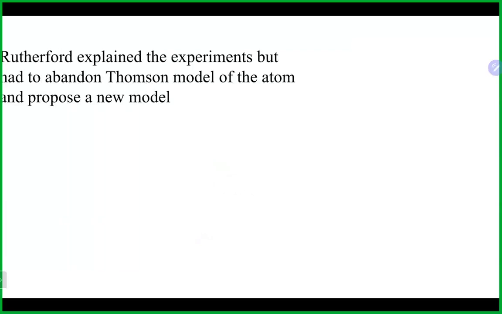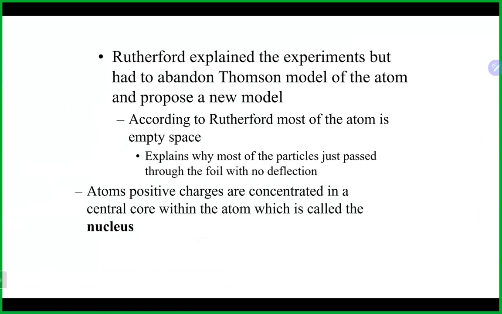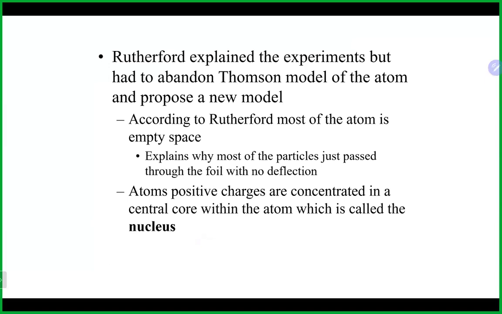And what this meant was they had to abandon, if you will, the plum pudding model. They had to go back and go, well, that was a nice early definition of the atom, but based on the results of this experiment, it is not so true. And basically what they found is, as it says there, that the atom was mostly empty space.